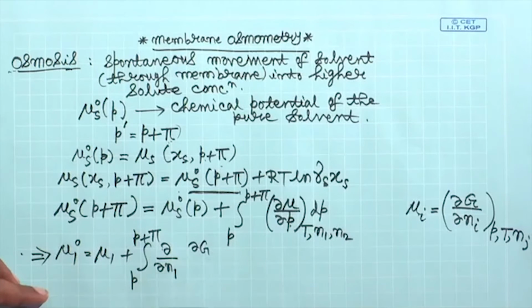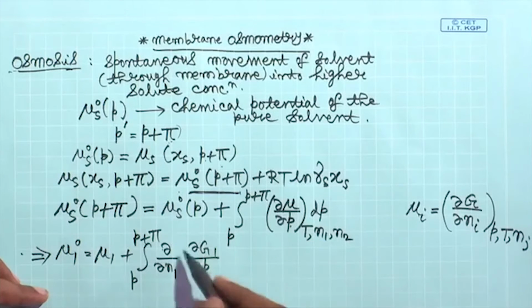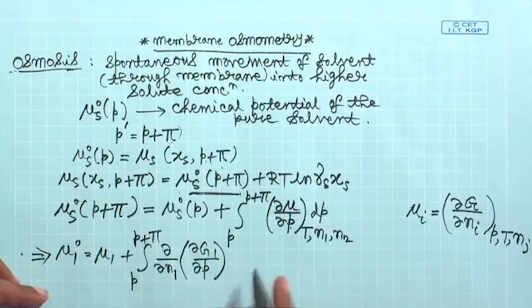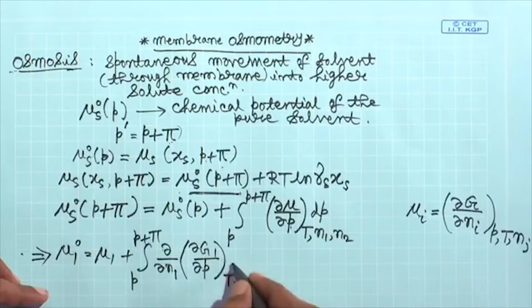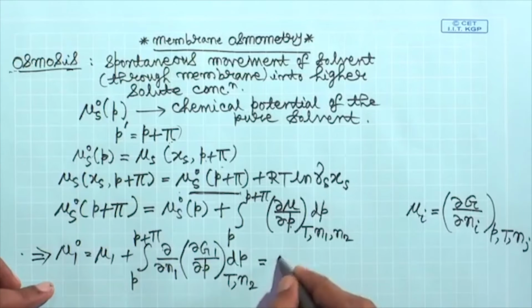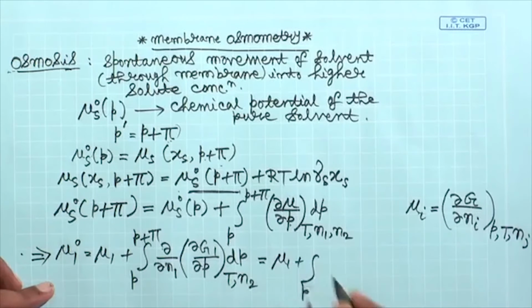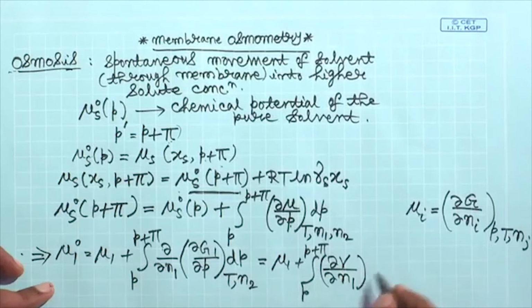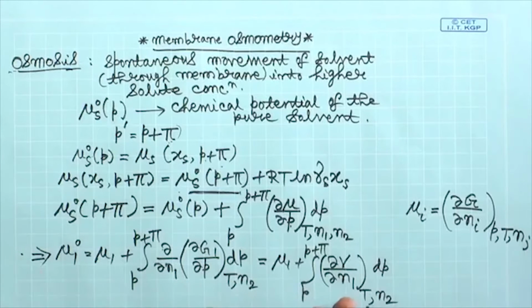So, del G 1 del P. Mu is del G del N, and this del is still there. So with T and N2 constant, into dP, that will be equal to mu 1 plus the integral from P to P plus pi of del V del N1 at T, N2, dP. Now, how is this relationship coming?